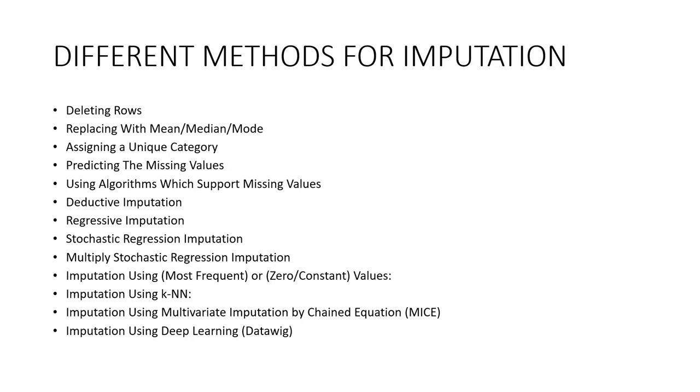Then what are the different methods we follow for imputation or handling missing data? First one is deleting rows.